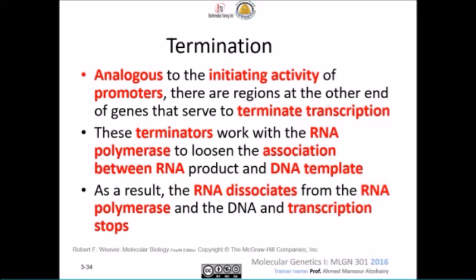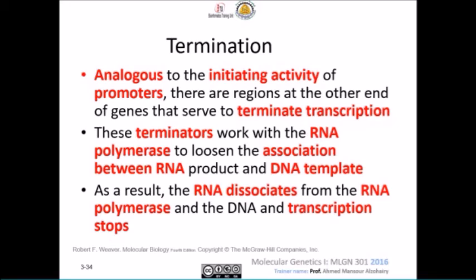The last stage is termination. Termination is analogous to the initiating activity. Promoters are at the start, and there are regions at the other end of the gene that can serve to terminate the transcription. We call them terminators.